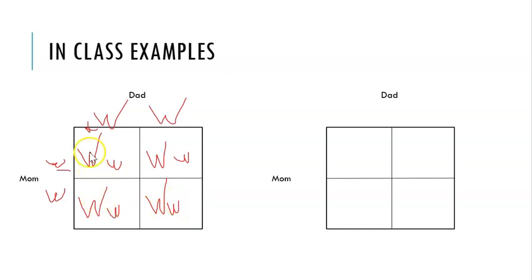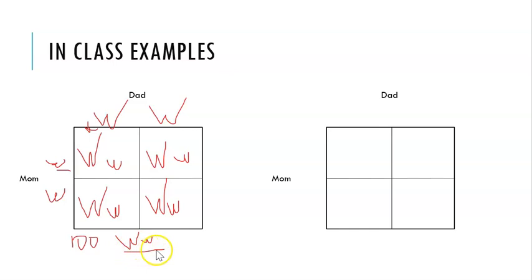Now if we're looking at the offspring, we can see that 100%, or everyone, is big W, little w. That means they are heterozygous, because you've got two different genes.